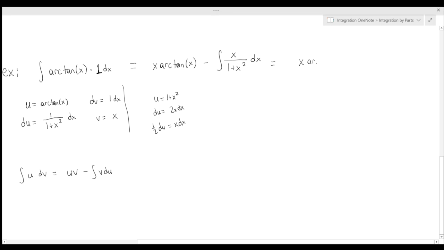So I guess I'll continue writing the x arctangent in front. Okay, and then here for the integral, with our u sub, that's going to be 1/2 u in the denominator, and the x dx became the 1/2 and then a du.